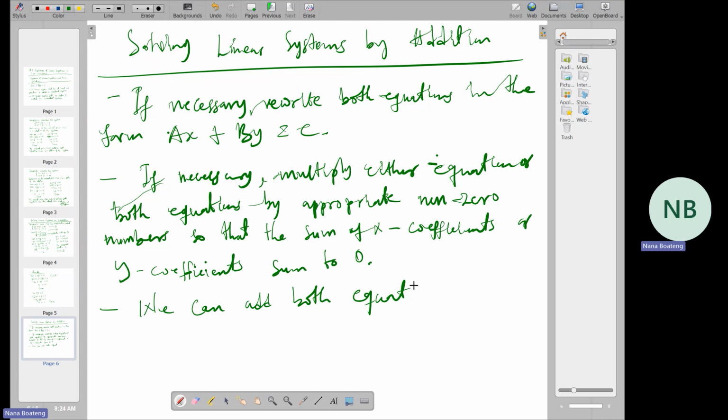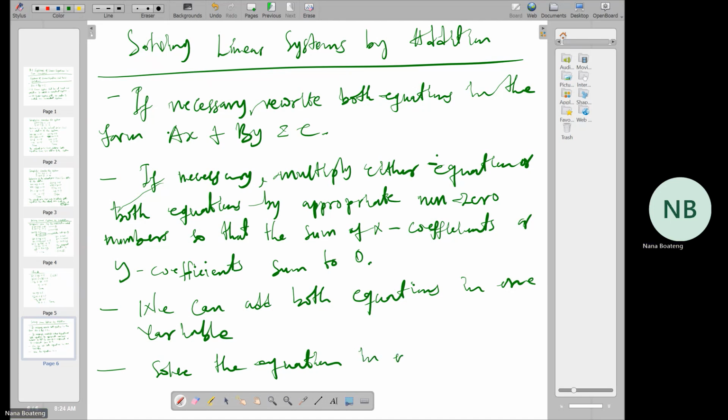And add both equations into one equation, so we have one variable now. And the next is we solve the equation in one variable.